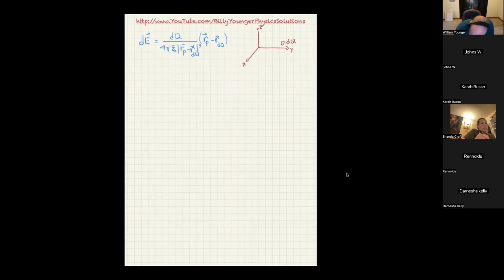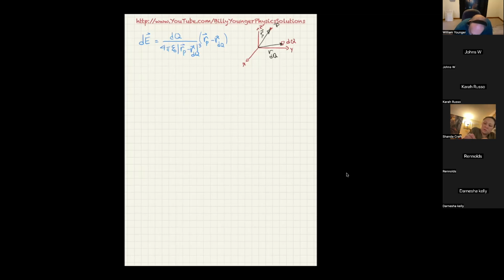And what I'm saying is this vector is R dq. And then I have a point in space, which I'm going to call point P. And that vector from the origin to it is called R sub P.